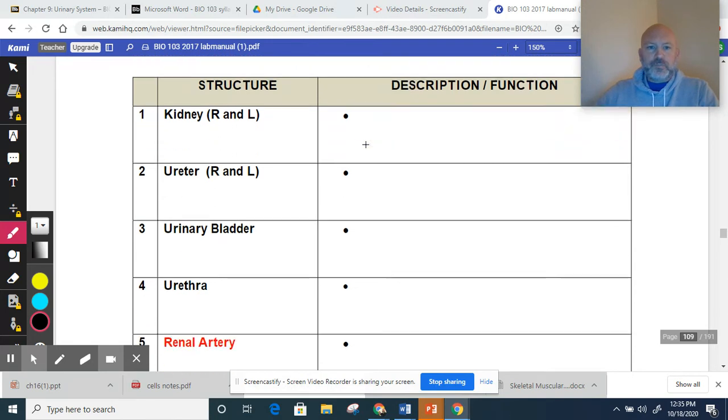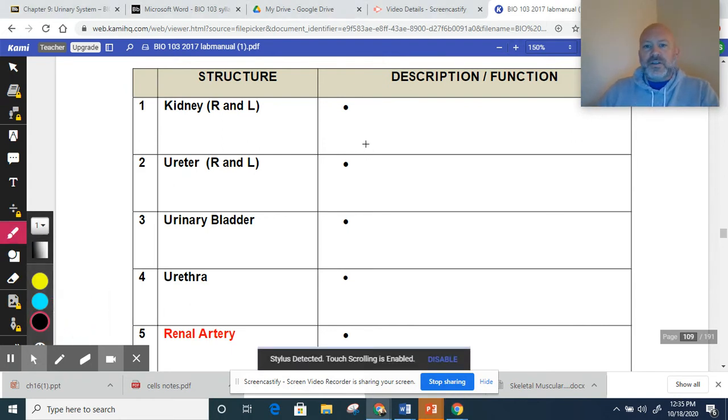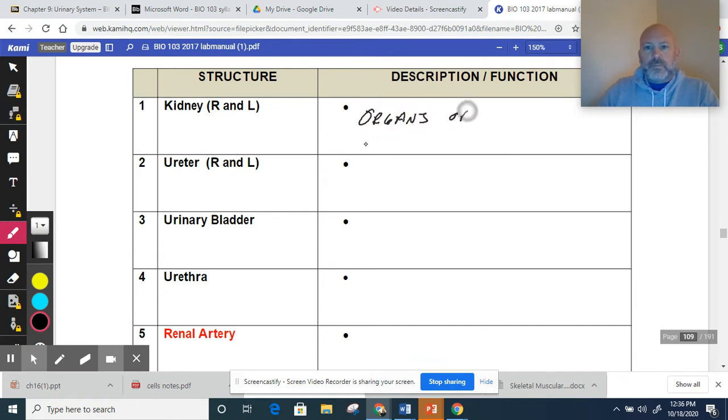All right, so as we go through, we're starting off with some description, some functions, and starting with the kidneys. The kidneys are the organs of the urinary system, right?